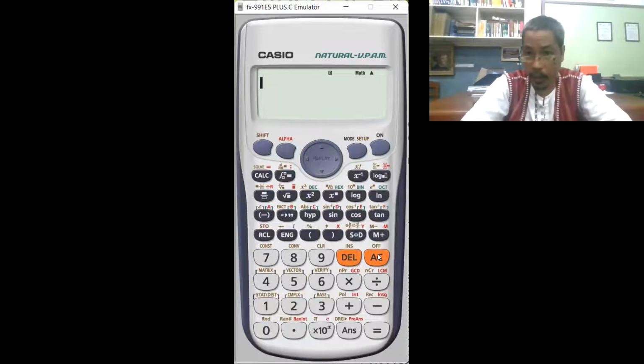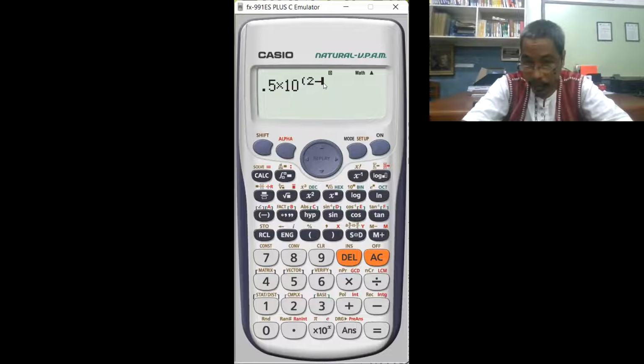We have the criterion expression. What is the criterion? 0.5 times 10 raised to the power 2 minus m.